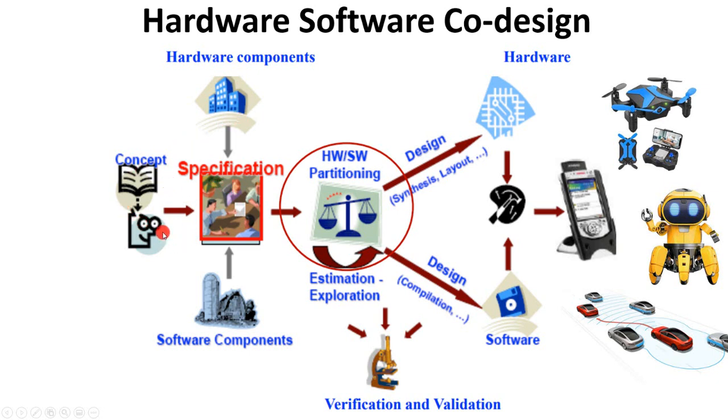From concept, you design the spec, and then divide it into the hardware component and software component, and you build a model for them, and then you work on the hardware-software partition, and then hardware goes for hardware design, software goes for software design. And you need to set up the test plan, and you can build different kinds of devices, including a cell phone, drone, robot, or autopiloting cars.